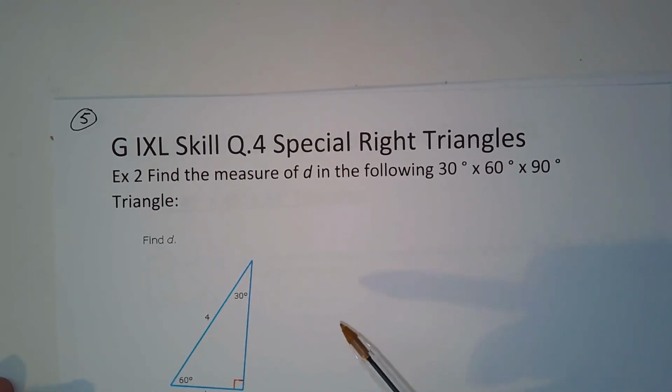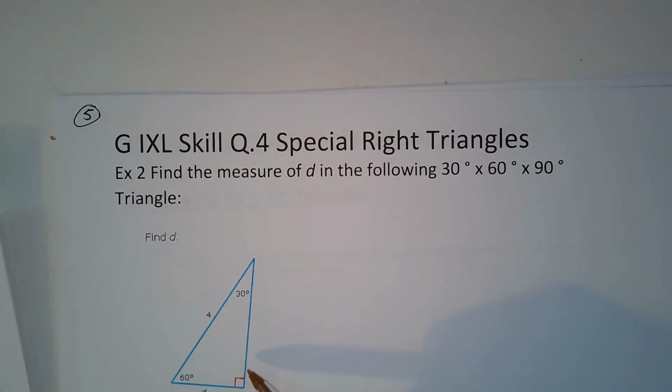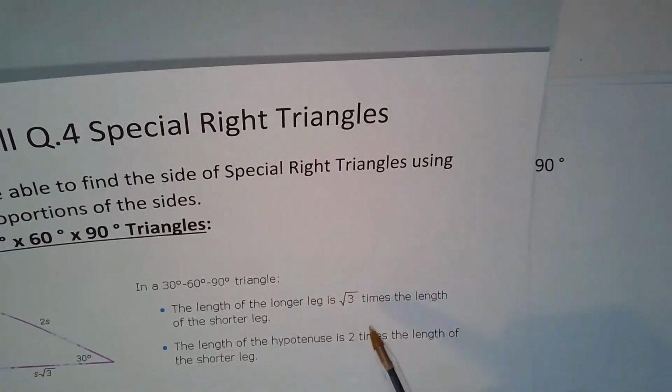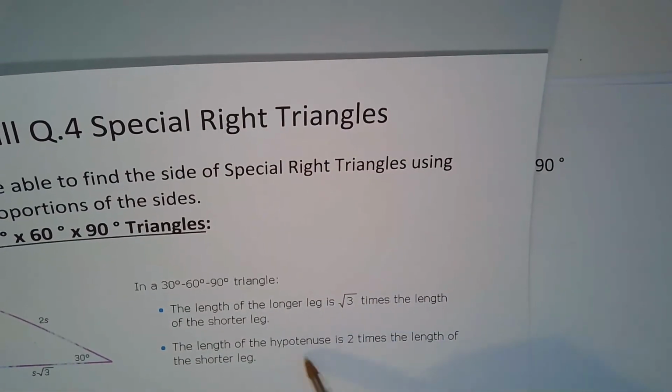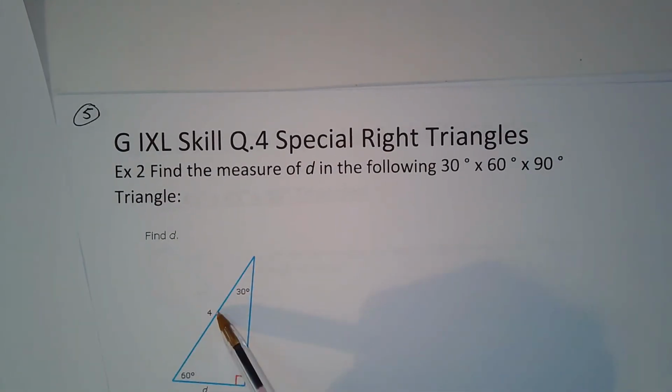Okay, so remember that if you go back and you look at your rule, the rule says that the length of the hypotenuse is 2 times the length of the shorter leg. So we've got the hypotenuse and the shorter leg. Hypotenuse is 2 times the length of the shorter leg.